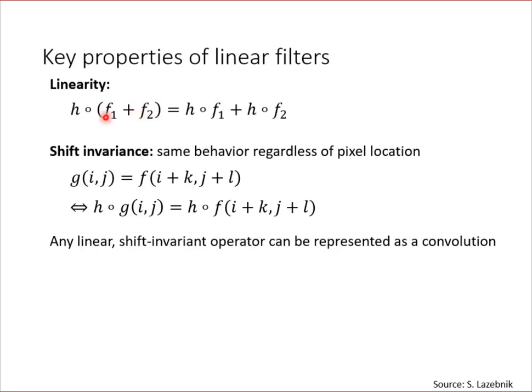That means if you have two images, F1 and F2, and you have the filter H, then you can combine the two images first, then apply the filter. The result will be the same as you filter the first image, and then the second image, then combine them. Okay, so let's go back to this one.